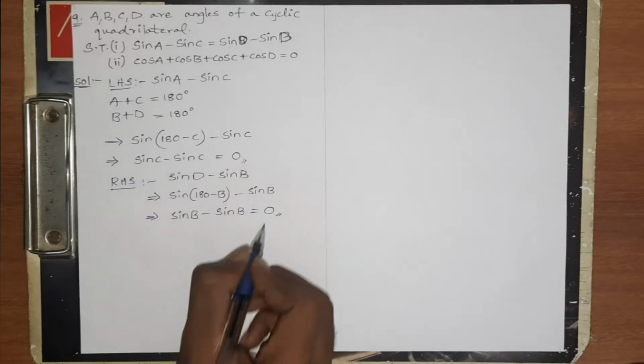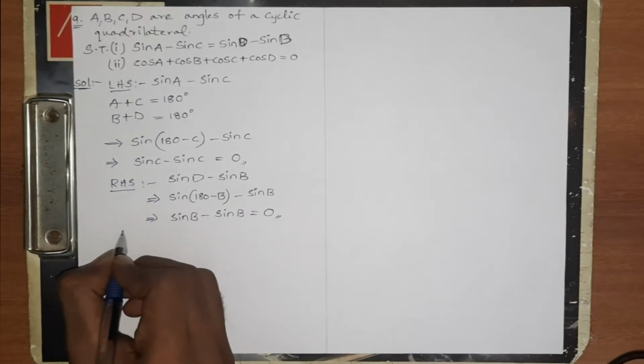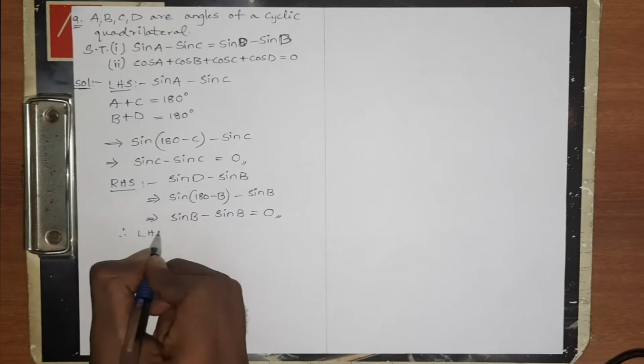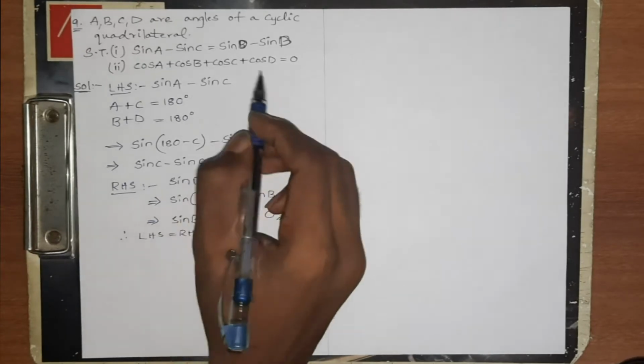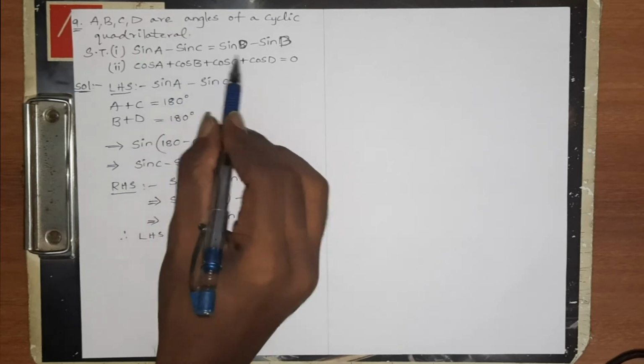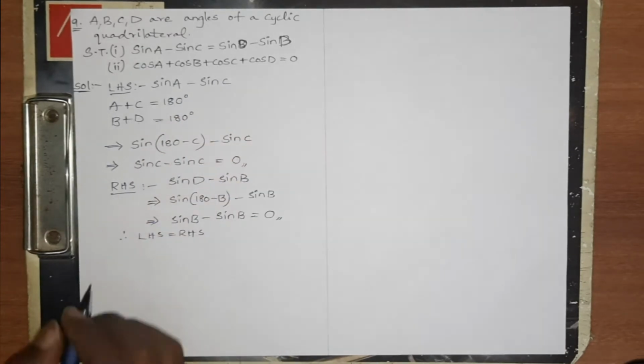Since both LHS and RHS are 0, therefore LHS is equal to RHS. Hence the result, sine A minus sine C is equal to sine D minus sine B.